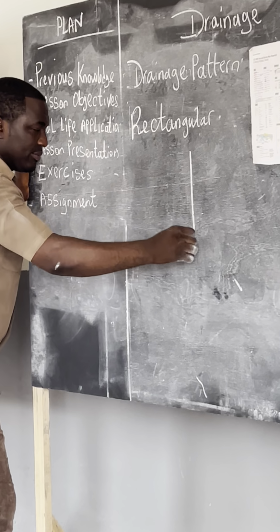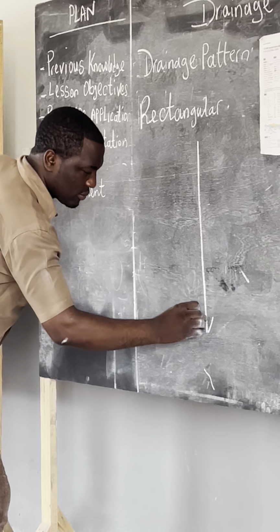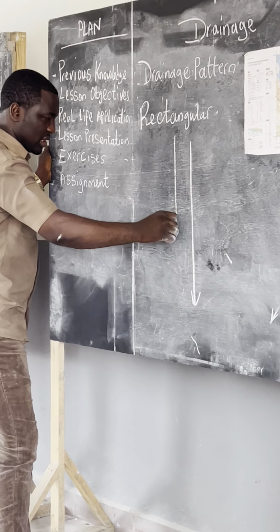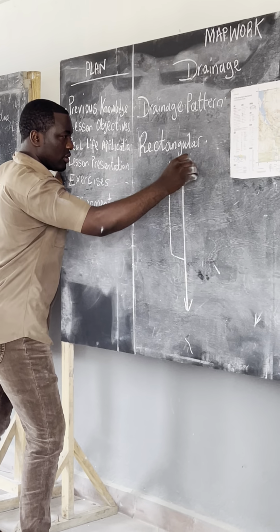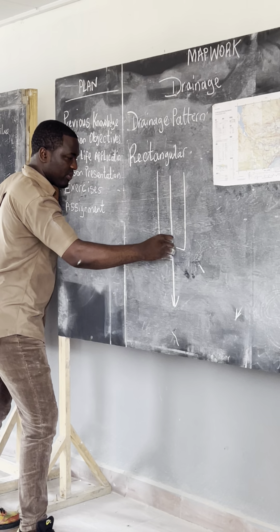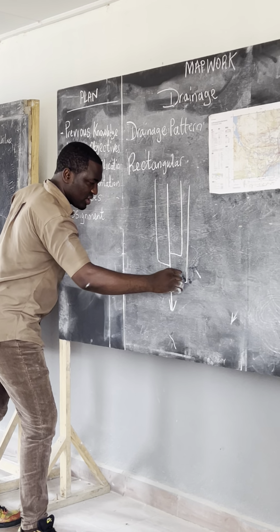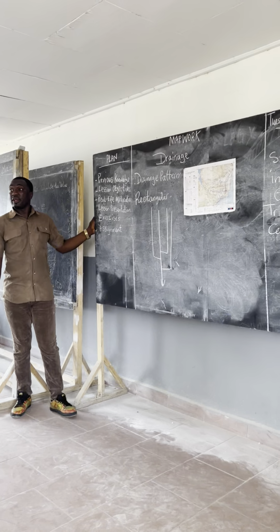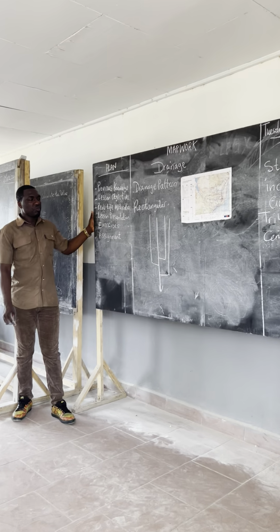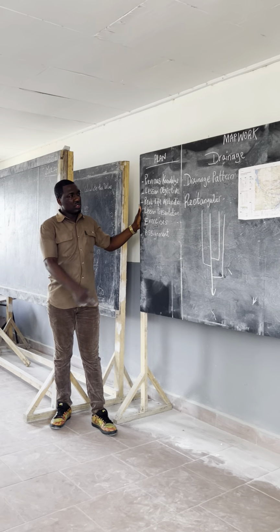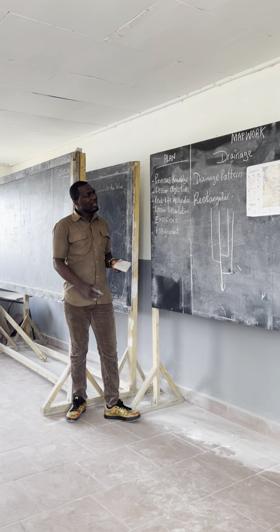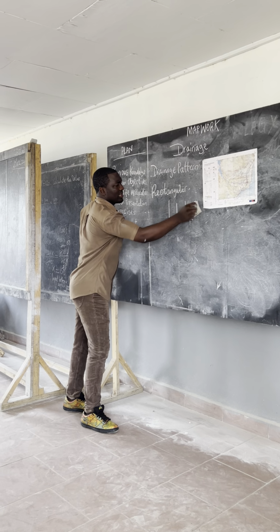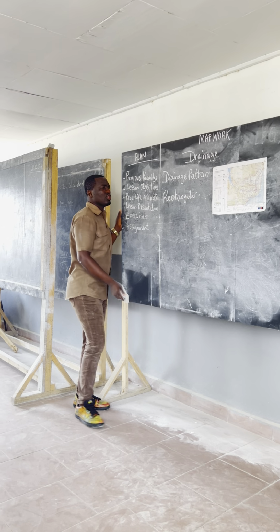We have the main river that flows, with tributaries having a rectangular shape from the origin. And this is a typical example of a rectangular drainage pattern. See it like that on the map. And then lastly, I want us to look at the last two drainage patterns.